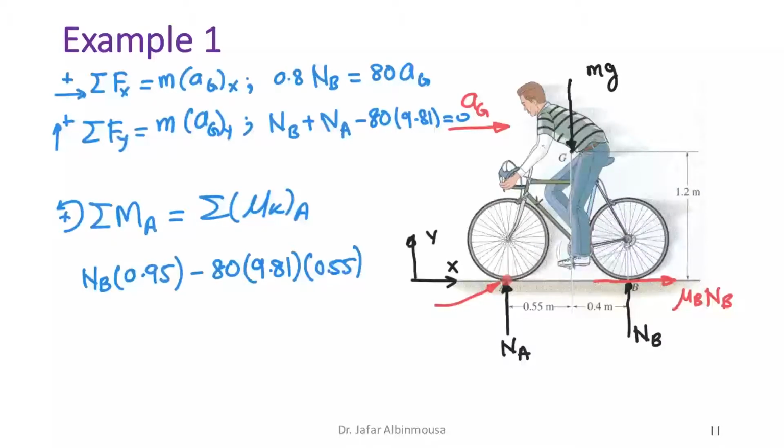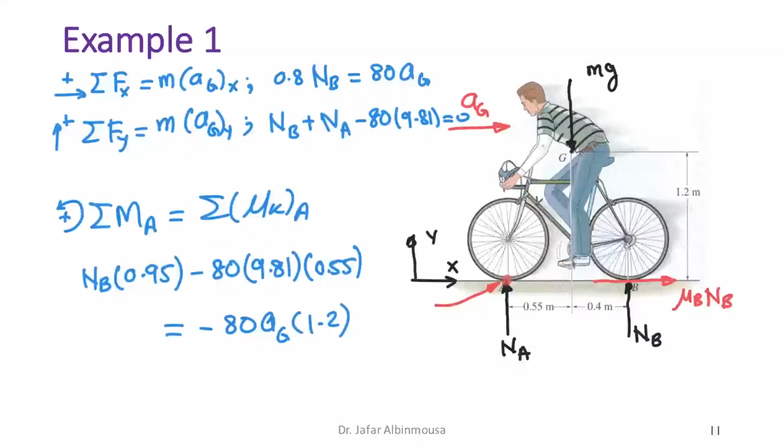And all of this is equal to the acceleration times the mass multiplied by the distance, which is this 1.2. And as we see, this is also causing a clockwise rotation. So I will end up having minus 80 a_G multiplied by 1.2.